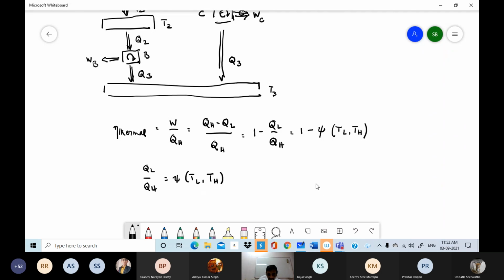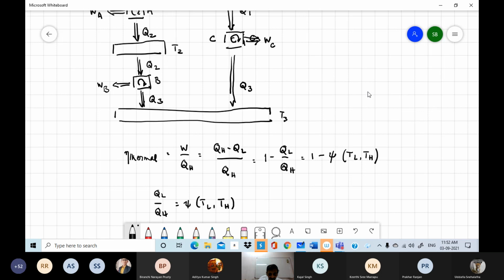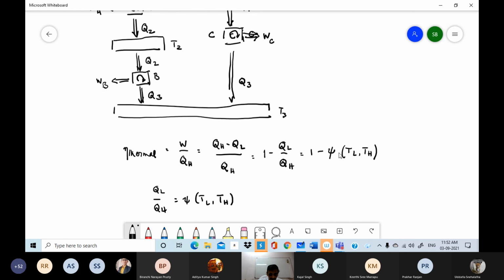So what is this function? That is what we are trying to figure out from here. So then, there must be some functional relation. We don't know what this function looks like, whether it is TL into TH or TL plus TH, or it is TL to the power TH. We do not know. It is some arbitrary function.